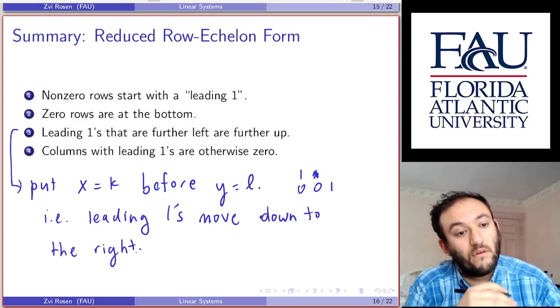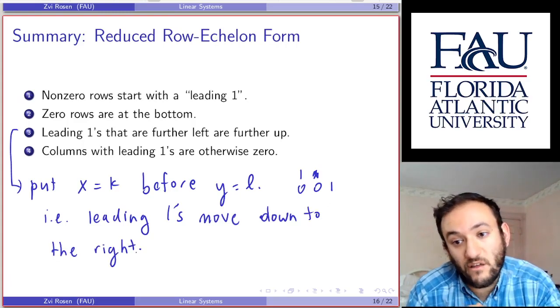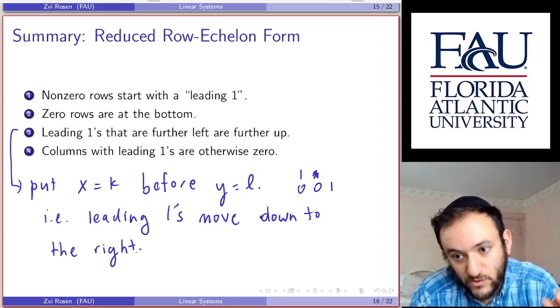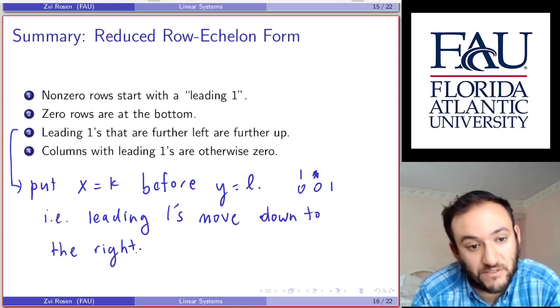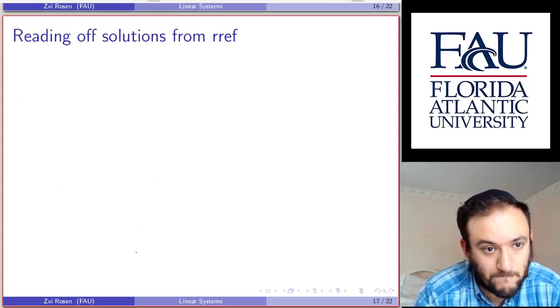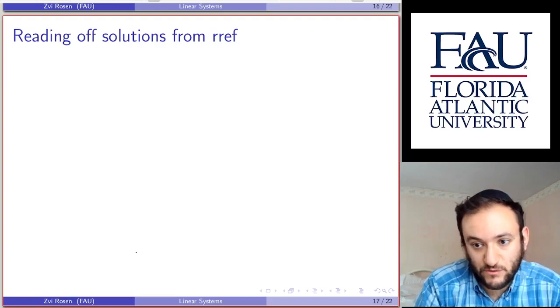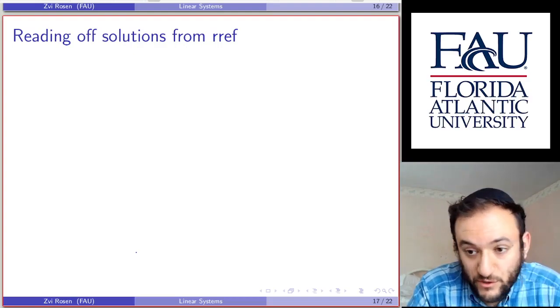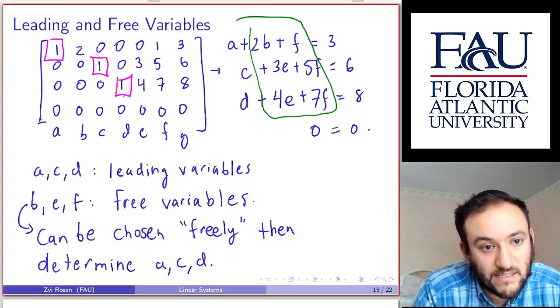And finally, columns with leading 1s are otherwise 0. So those leading variables only appear once in your system of equations. How do we read off the solutions from the rref, the reduced row echelon form? So let's take this example.